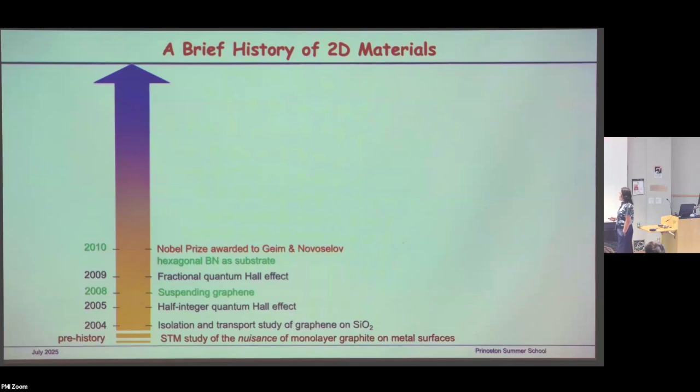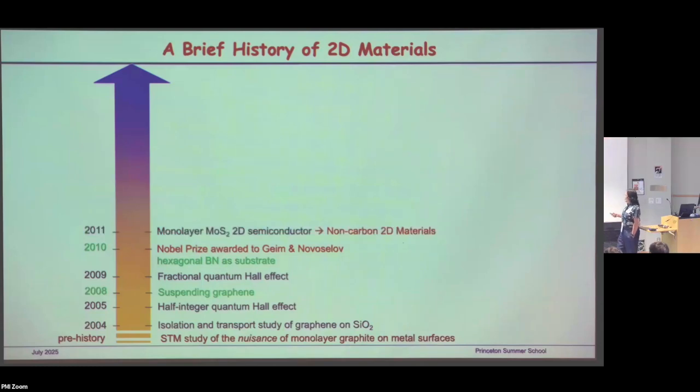This is also the same year where hBN, hexagonal boron nitride, was found by the Columbia group to serve as a really great substrate. Sometimes when the Nobel Prize is given to a field, people say this is the kiss of death, which means the field is mature, it's over, we'll move on. But it turns out this was really just the starting point of some very exciting developments in the field.